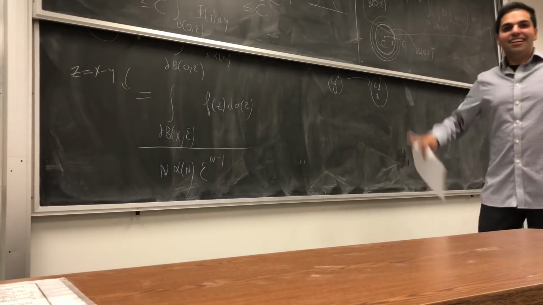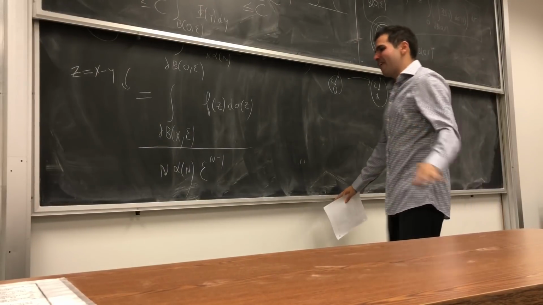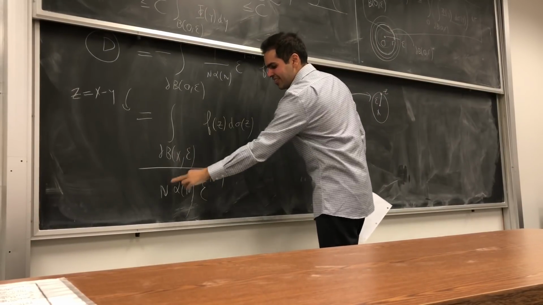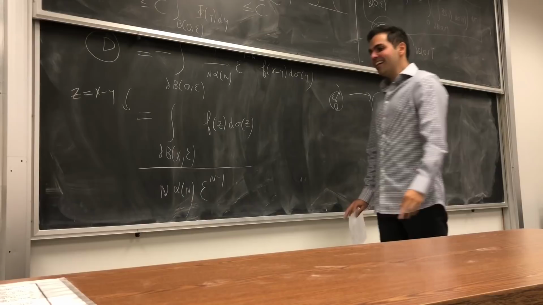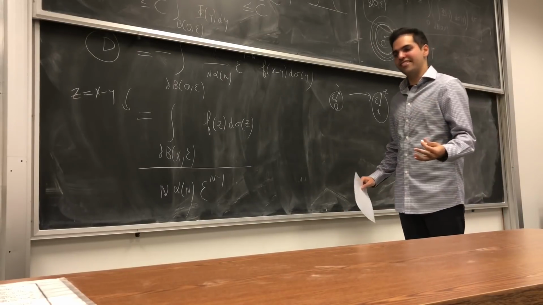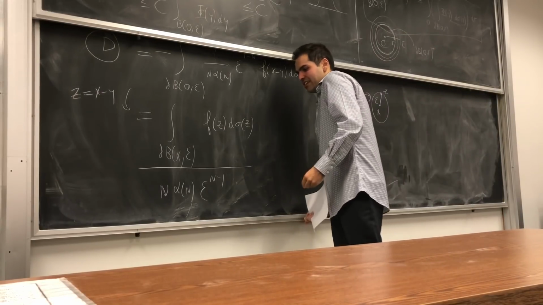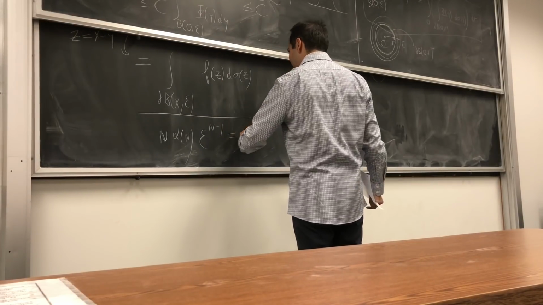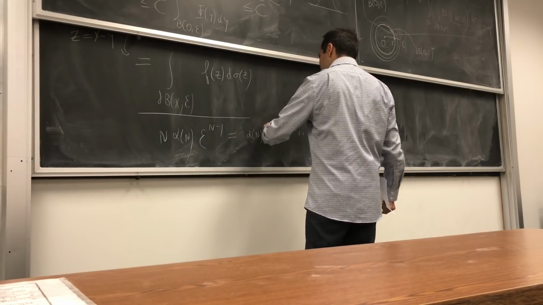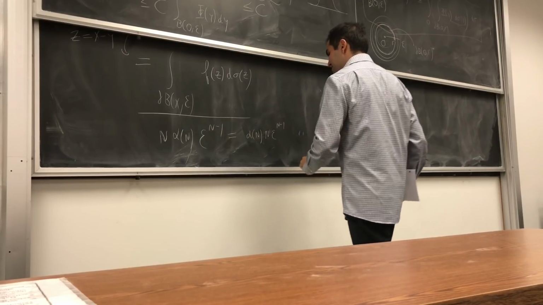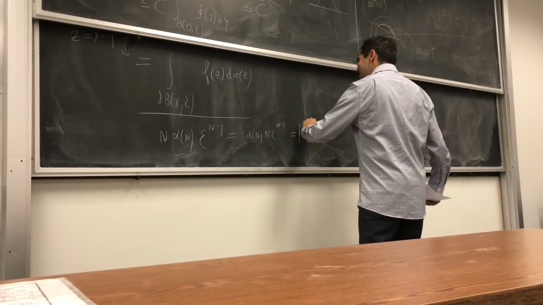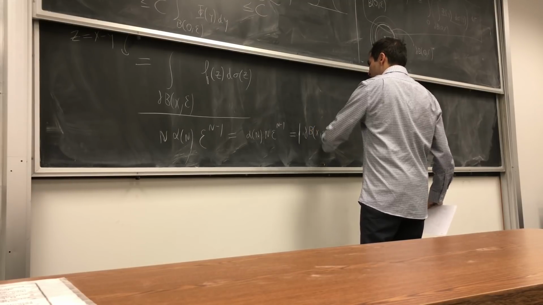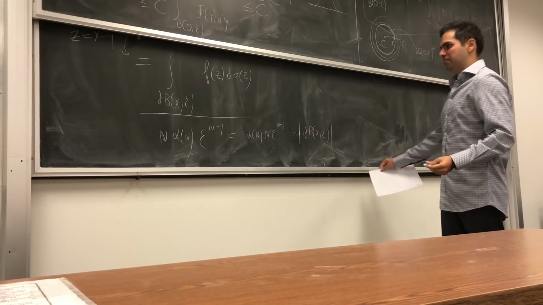Okay, and here comes the exciting part. The question is, how does this relate to this number? Well, if you think about surface areas, this is precisely equal to n alpha n epsilon to the n minus 1, the surface area of the ball of radius epsilon.